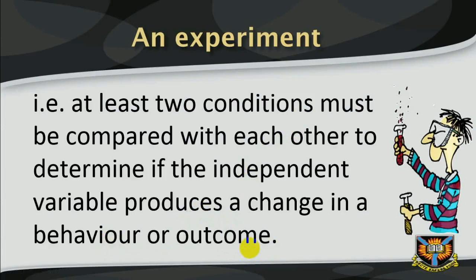Sometimes, these two levels might simply be the presence or absence of a manipulation. The library example fails to meet this criterion since it involves only one level of the independent variable.